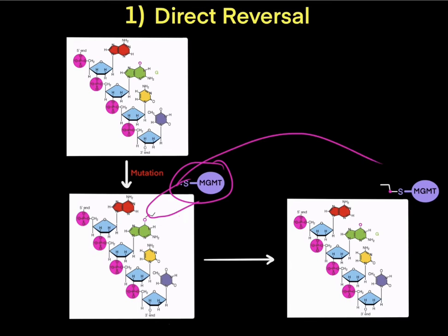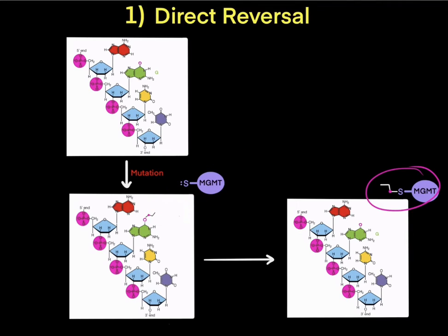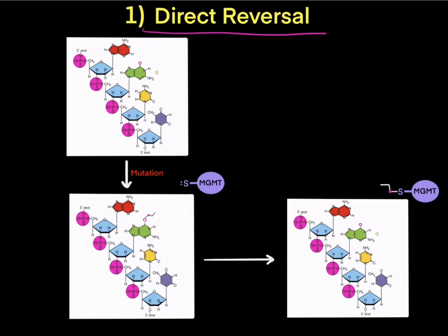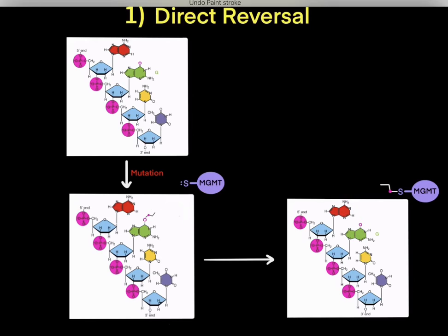However, in that process, we fix this nucleobase. We've directly reversed that DNA damage. So this is another form of direct reversal DNA repair, where we directly reverse that damage, and in that process, we repaired this nucleobase. So now the nucleobase is back to normal.